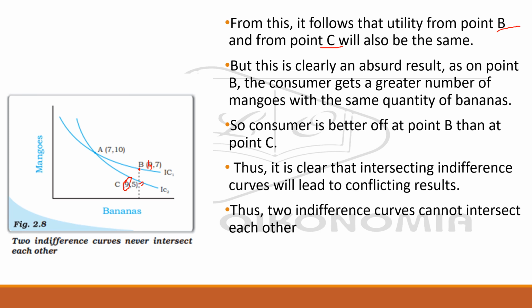But the second good makes the difference. In the case of point B it is 7, and in the case of point C it is 5. So point B gives the consumer more satisfaction because it has 7 units of the second commodity. The consumer would be better off at point B than at point C. So if the indifference curves intersect, it will give us conflicting results. And that is why we consider that ICs should not intersect.